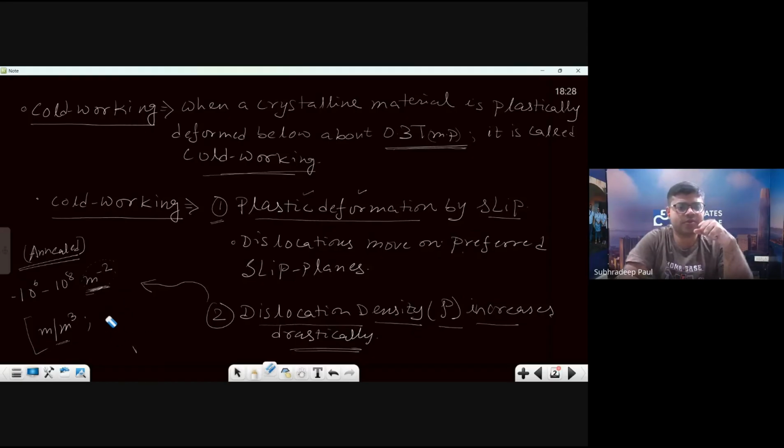When I'm talking about the annealed part, the dislocation density rho is 10 to the power 6 to 10 to the power 8 per meter square.